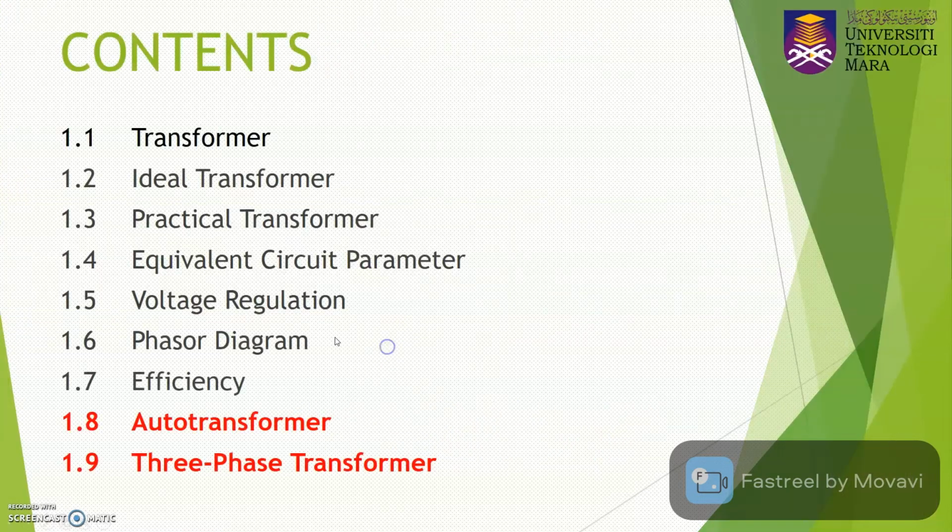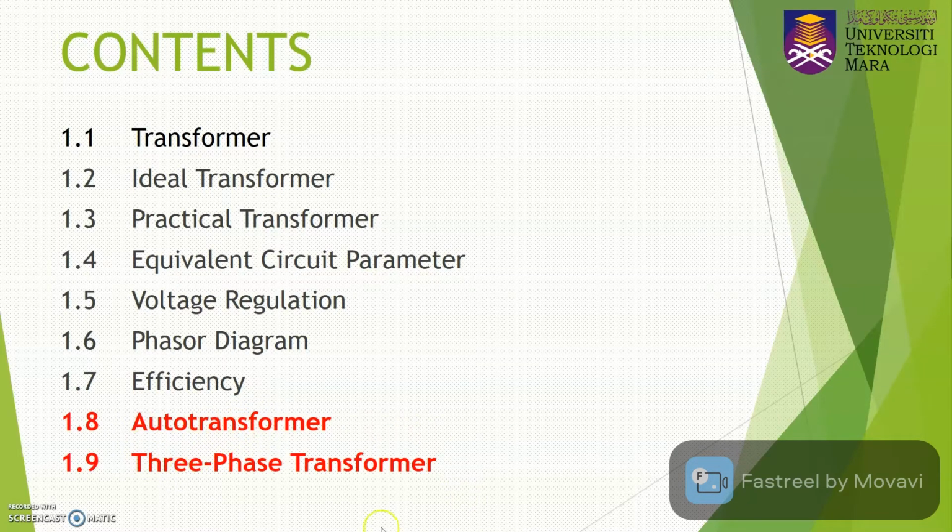In this video we are going to cover the last two subtopics of the chapter, which are the autotransformer and the three-phase transformer. For the autotransformer, we will see the concept of the autotransformer, why we need it, and also the advantages and disadvantages of using it.